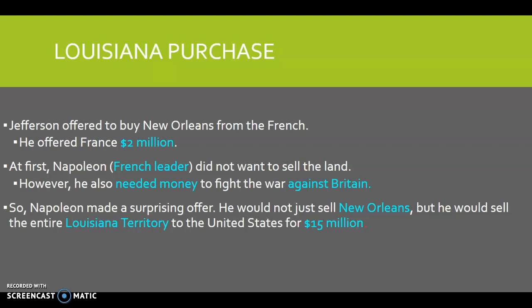defend Louisiana, this huge swath of land in the United States that went from New Orleans and extended all the way to Canada. From south to north, and then from east to west, it went from the Mississippi River to the Rocky Mountains. That's a huge piece of land that was under French control that they simply could not defend if anybody tried to take it over.